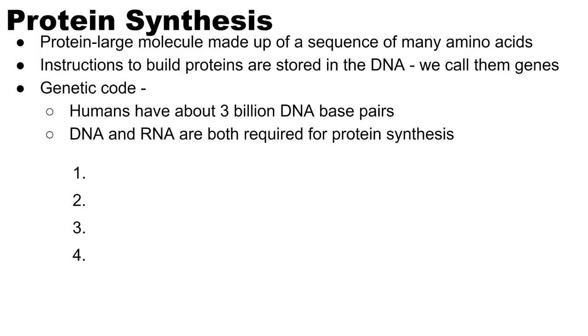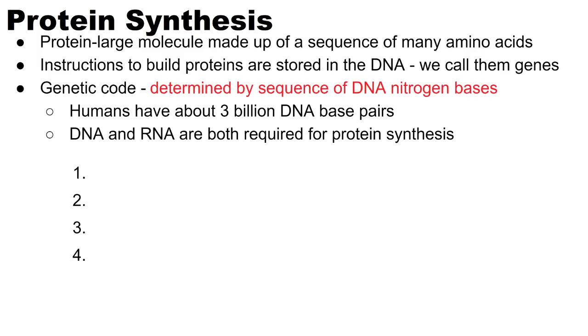When we say a gene, what we mean is that in the DNA, there's a recipe for how to build a protein that gives our eyes their blue color. A gene is just a recipe for building a protein. And that's what our genetic code is.